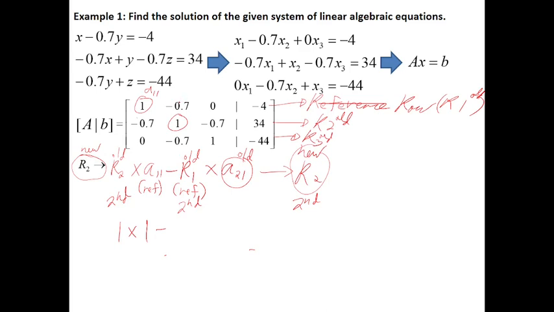This is negative 0.7, right? Multiplied by A21 old, that is negative 0.7. What shall we get? So we will get what value?